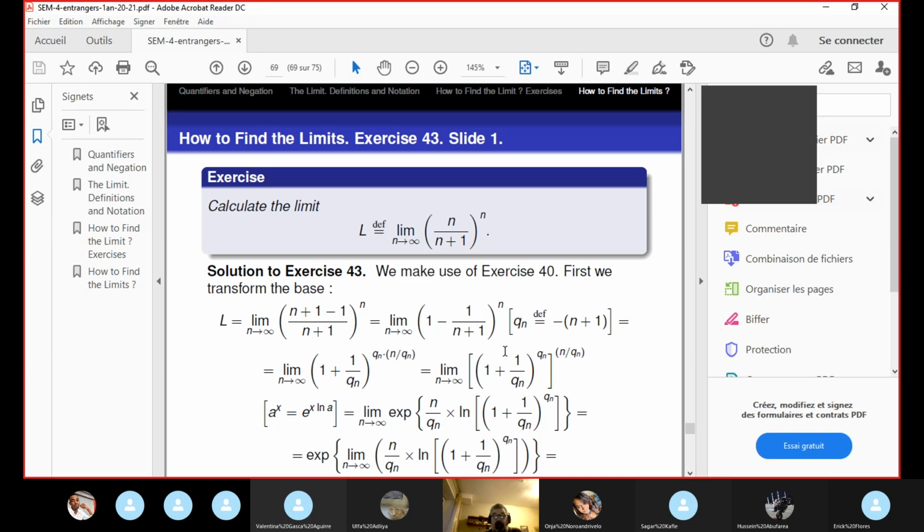But the power, you see, our power is n. So if I want to have q sub n as the power here, I have to multiply my q sub n by n over q sub n. In this case, the power will be exactly n. Agree?